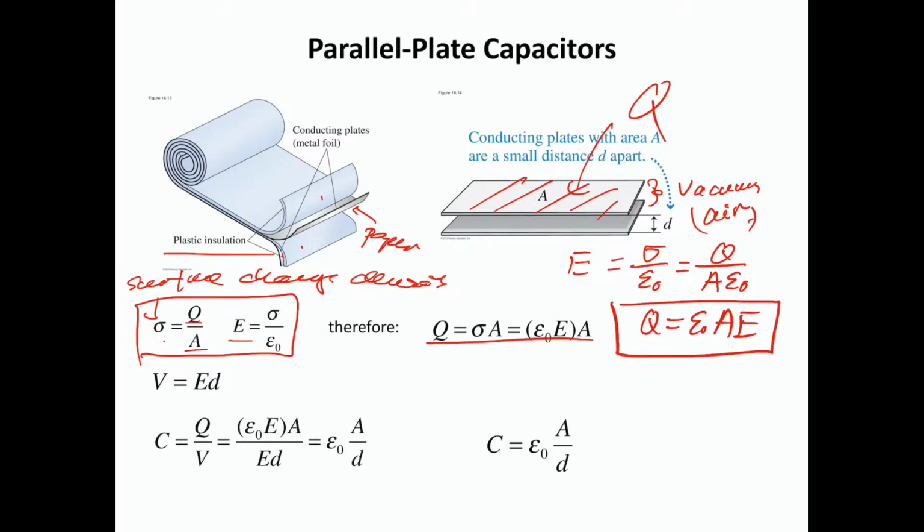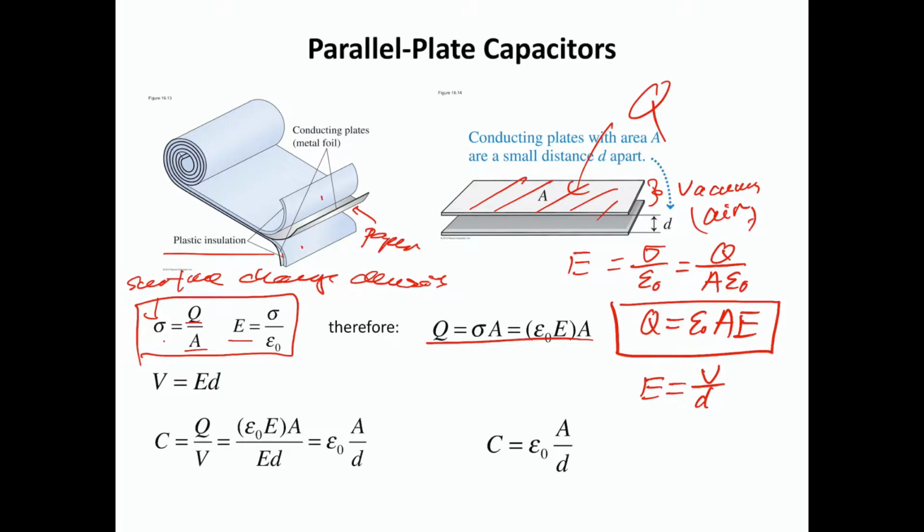Remember, capacitance is Q over V. At the same time, E is equal to V over D, where D is the separation. So we can put the E back.